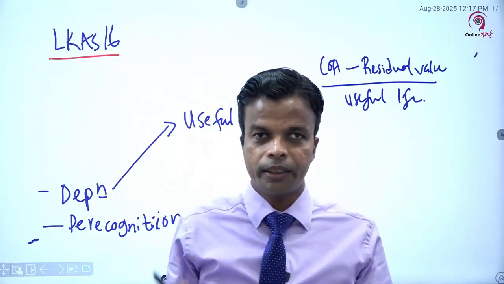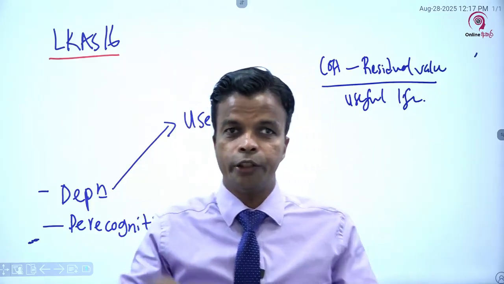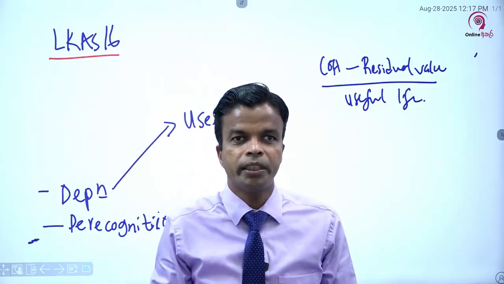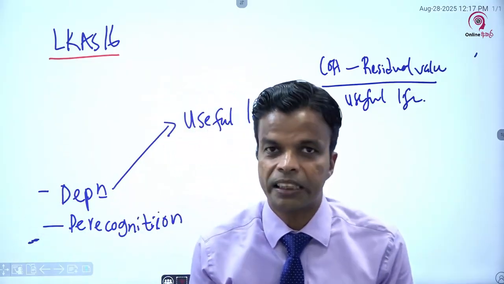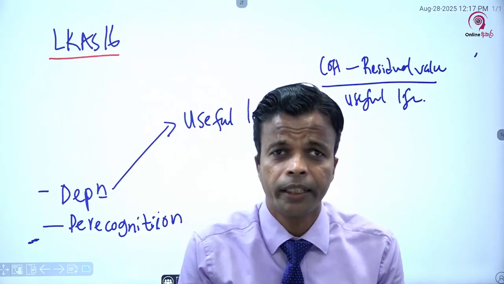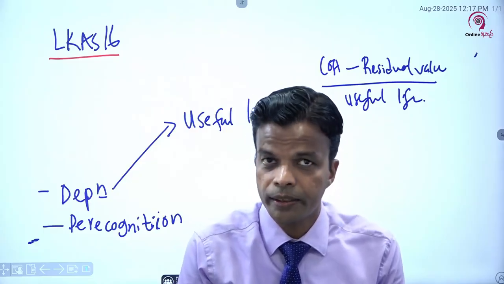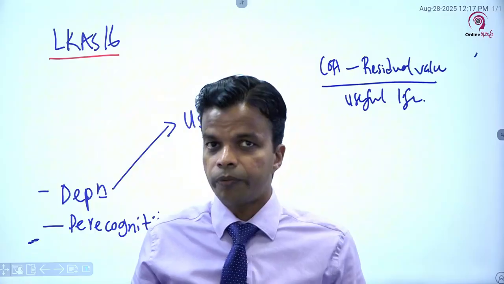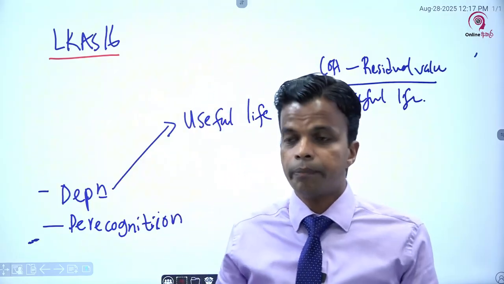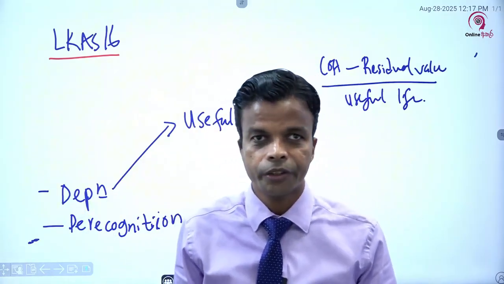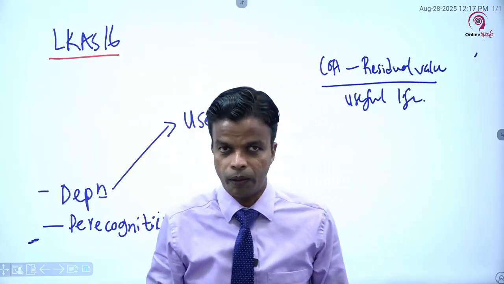Let's say today you bought an asset and you capitalize it. Today management decides this is the useful life of this asset. When deciding the useful life, they take the support of technical experts, maybe the manufacturer's recommendations. So today you establish the useful life.